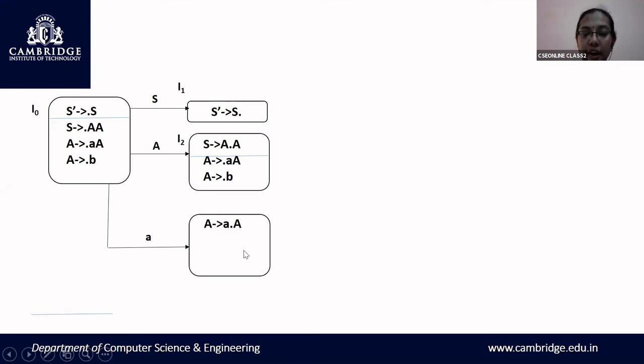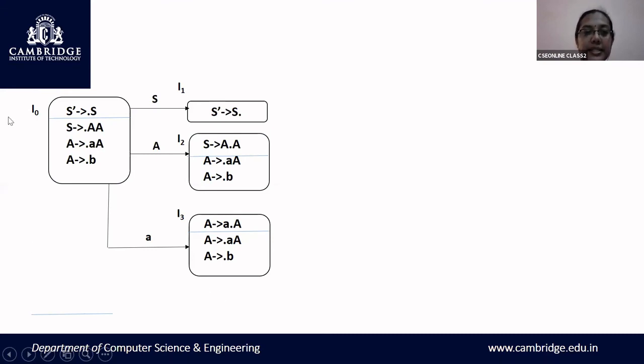So what is closure of A? You have two production rules where A is there on the LHS. Add those two production rules also. So as we have done in the previous state I2, you are adding these two states and you cannot take closure of A and B because they are terminal symbols and hence I am naming this state as I3.